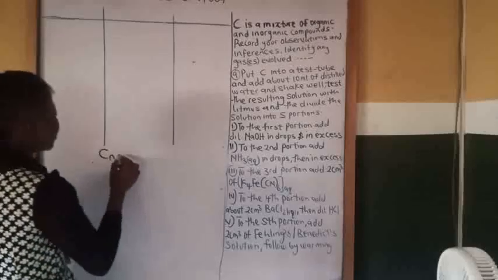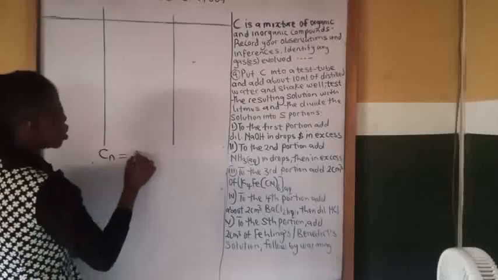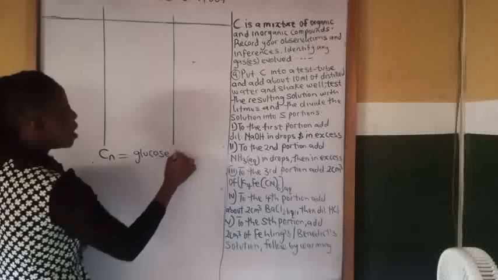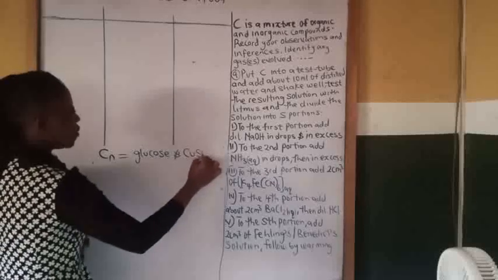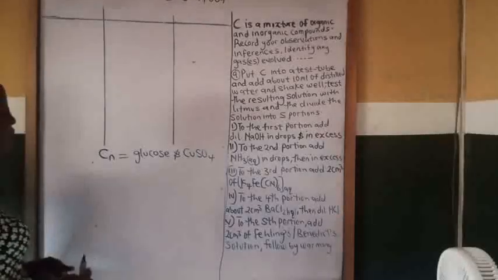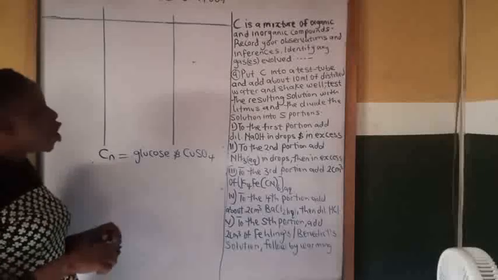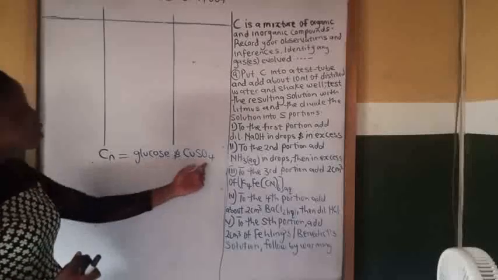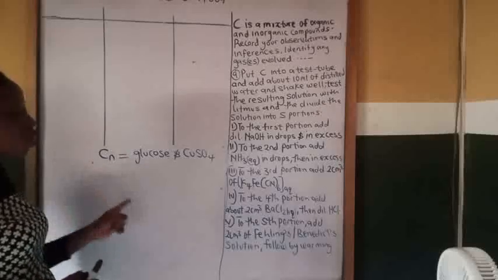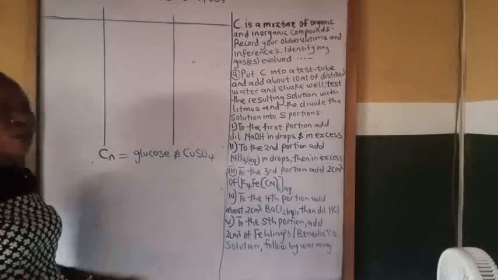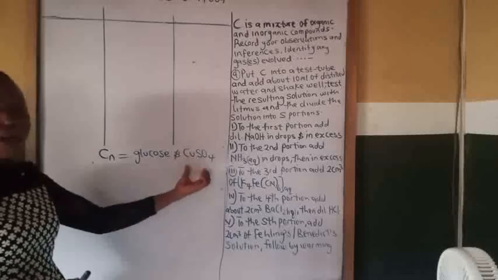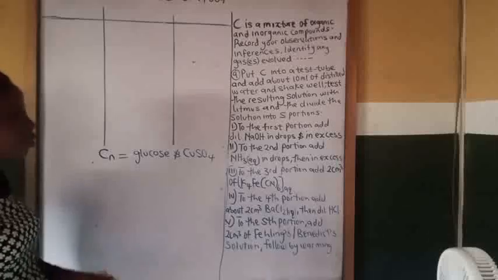Your CN is a mixture of glucose and copper sulfate. So what should we be expecting on these two samples? Then we are going to mix one spatula. If you are taking one spatula of glucose, you take one spatula of copper sulfate. If you weigh 1 gram of glucose, you weigh 1 gram of copper sulfate, and mix the two together.